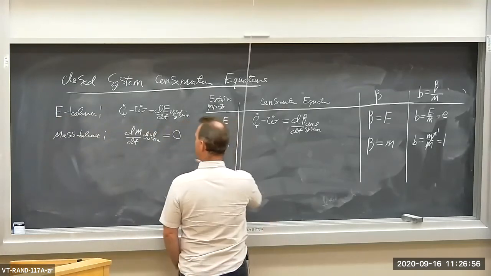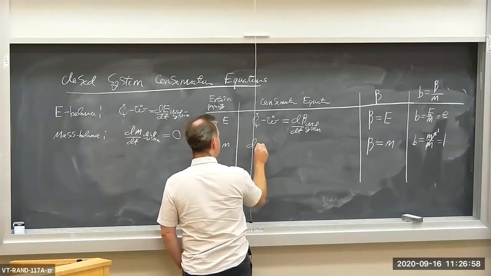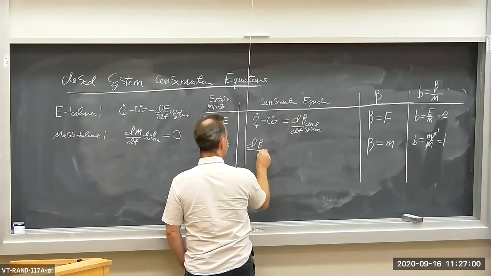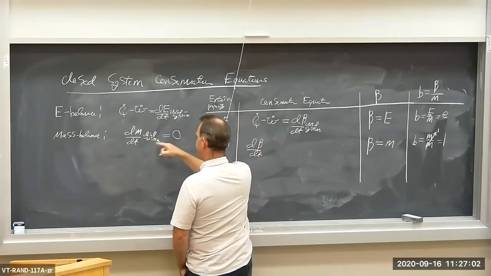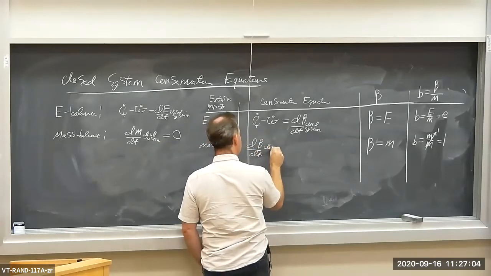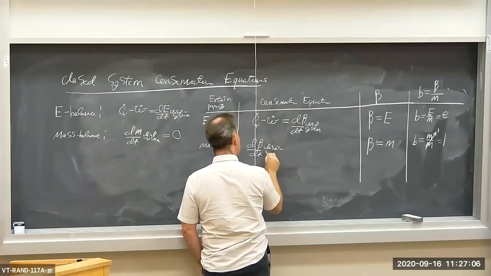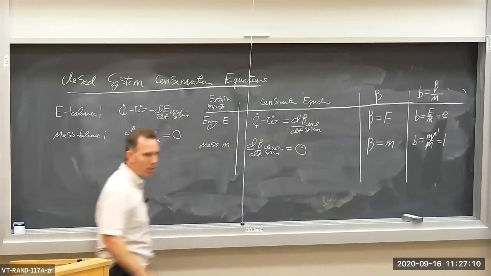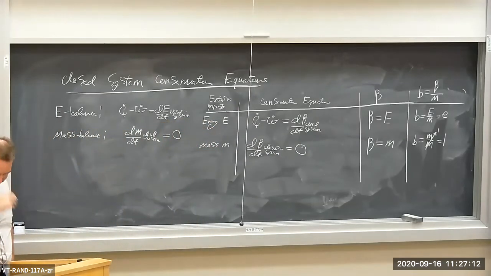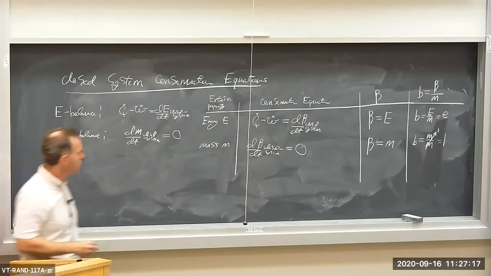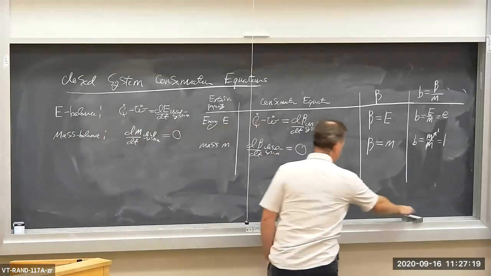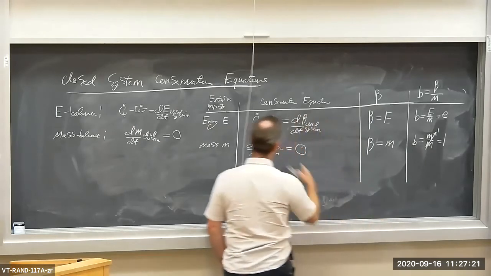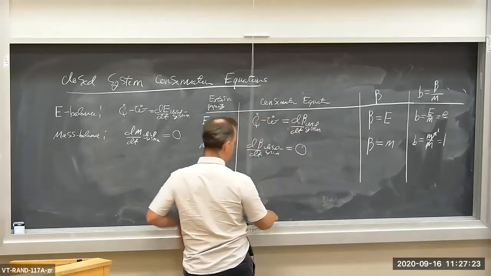For mass, I get d beta/dt for a closed system is equal to 0. That's mass conservation right there. All right? That's mass conservation. You can also write it like this, maybe to get it to look a little bit more like the energy conservation equation.